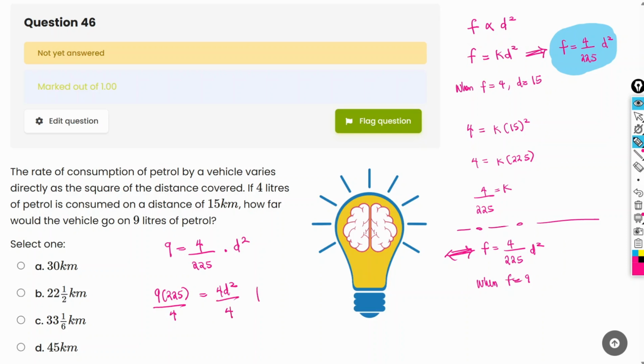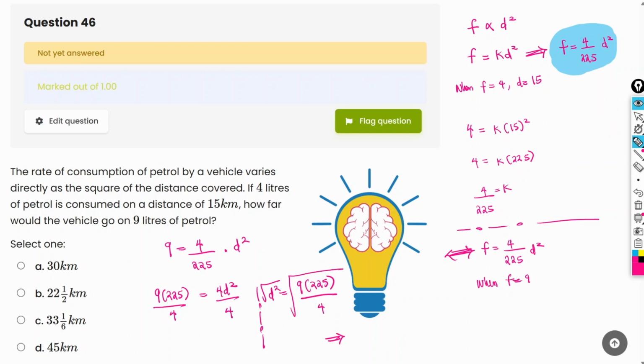So d squared is equal to 9 times 225 over 4. Now I need to take the square root of all of that. Because they are all products, you can just take the square root of each of them individually. That's laws of indices.